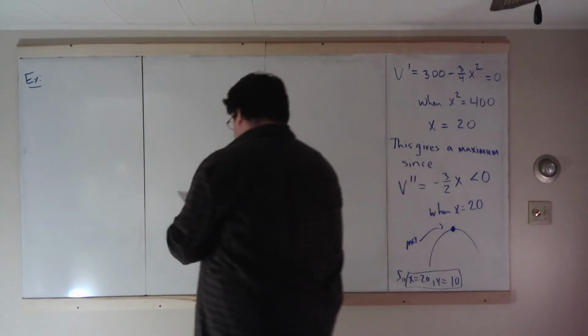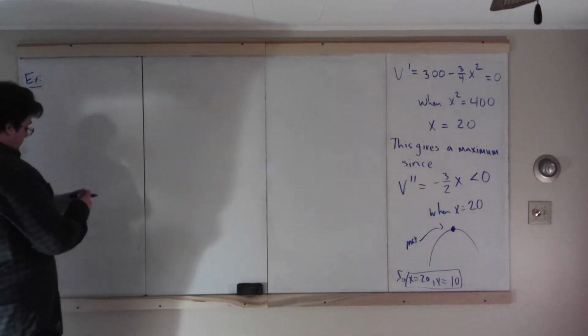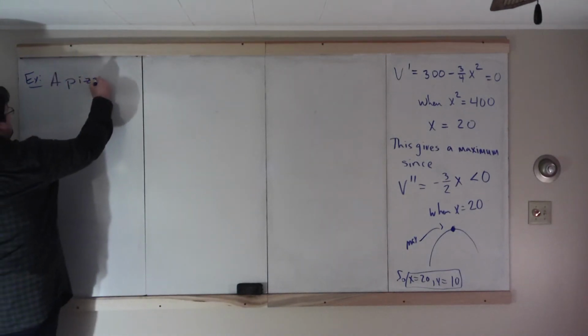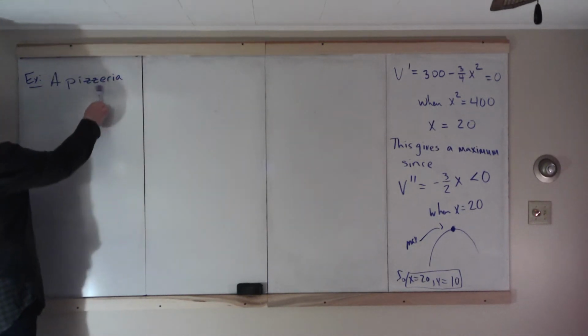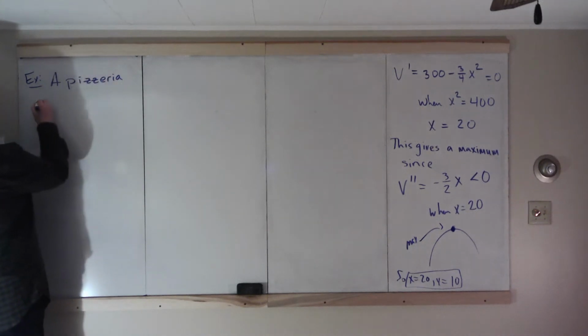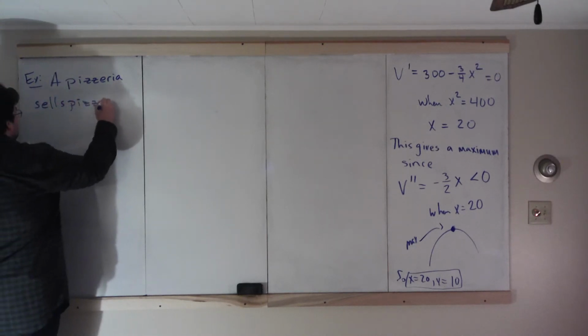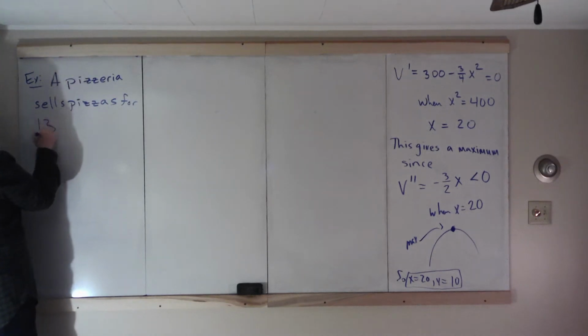Let's see. Let's do, yes, this one. A pizzeria. Pizzeria has an E there for some reason. Sells pizzas, which has an A, for $13 each.